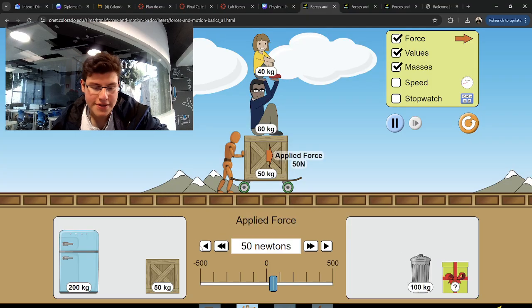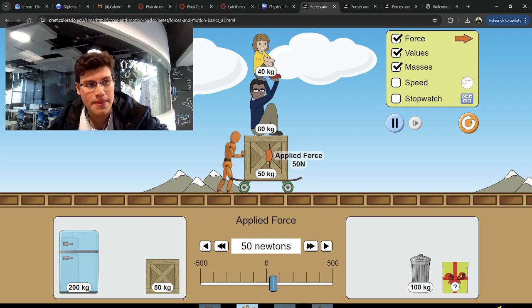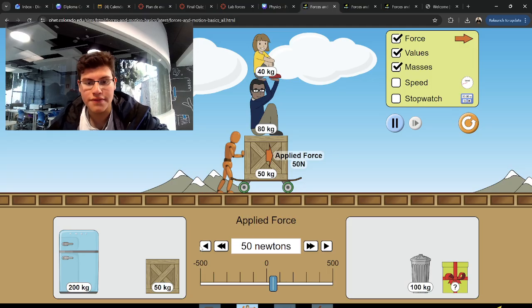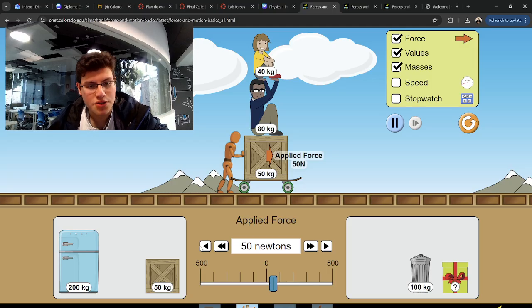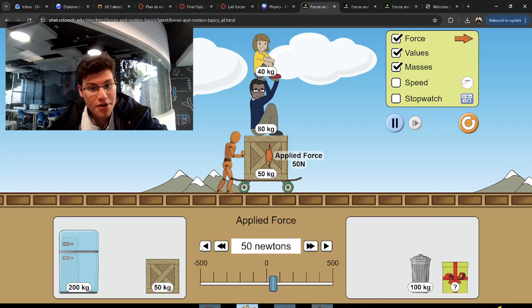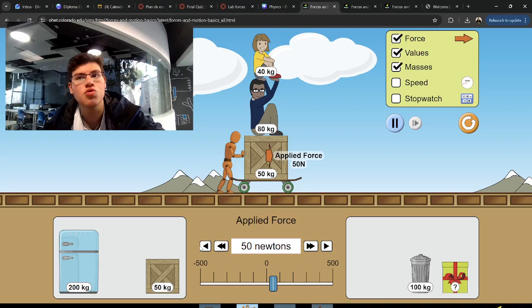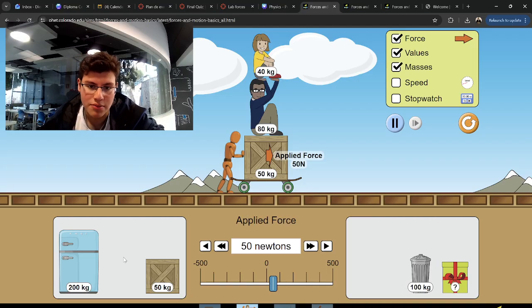In this case, the first law that talks about inertia depends on the mass. The bigger the mass of the object, the more inertia it's going to have. That's why it's more difficult to push a heavier object than a lighter one, because a heavier object has more mass. It's going to try not to move, or try to keep moving a little bit more.